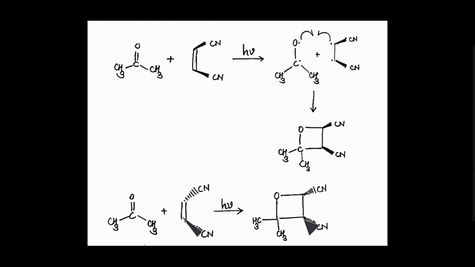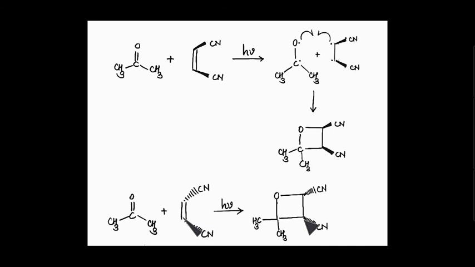The cyano groups are different, means one is above the plane and another one is below the plane. So finally in the product you will get a trans product. So in case of an electron withdrawing group, whatever stereochemistry is in the alkene reactant, the same stereochemistry will be there in the product. So in case of the electron withdrawing group, a stereospecific product will be there.